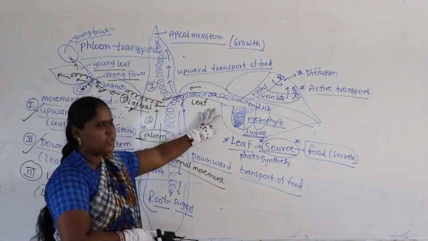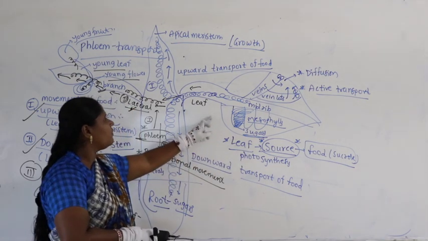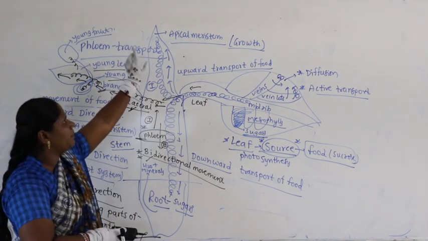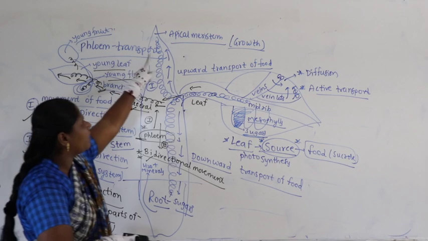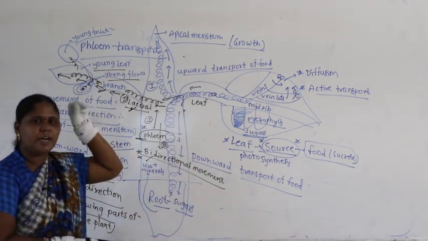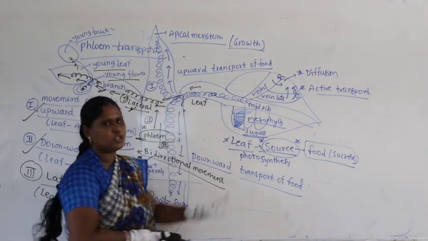It is called the kitchen of the sugars, the kitchen of the food, or the source. From the leaf it goes to the growing parts, meaning the apical meristem, to the tip. Why does it have to supply food at the tip? Because growth occurs at the apical meristem. So, food needs to get translocated in upward direction, that is upward transportation of food.